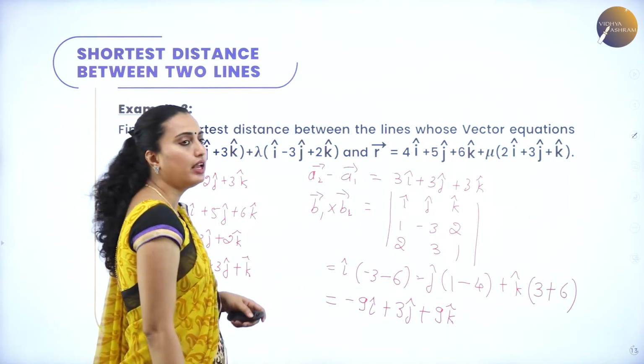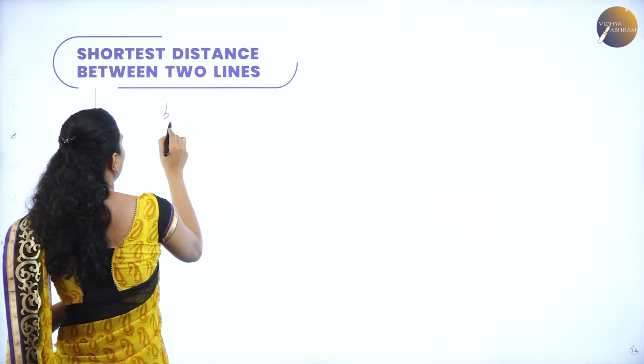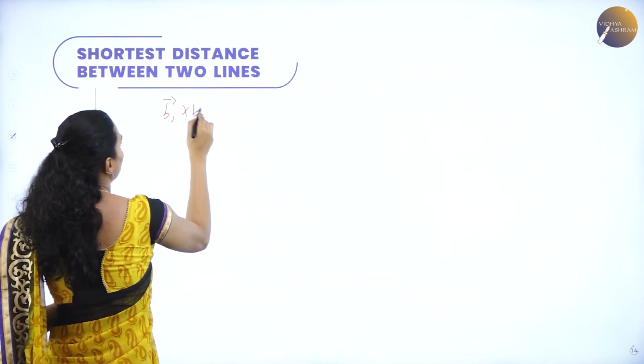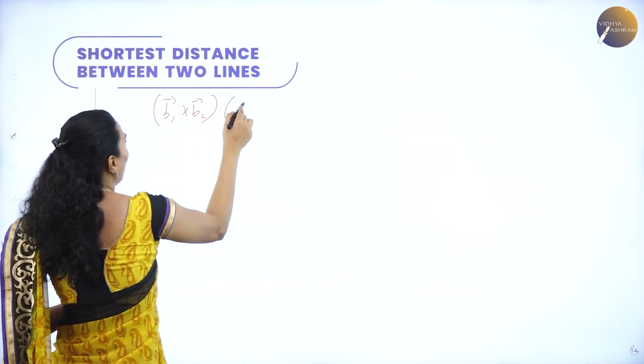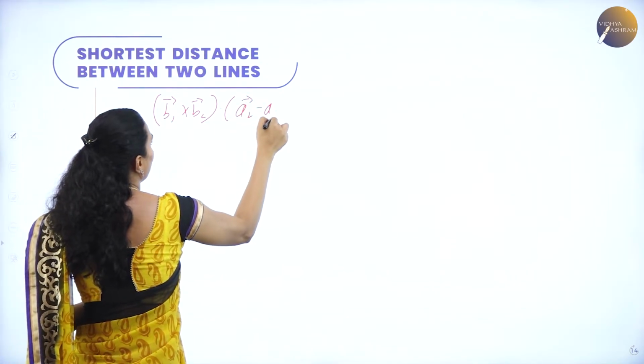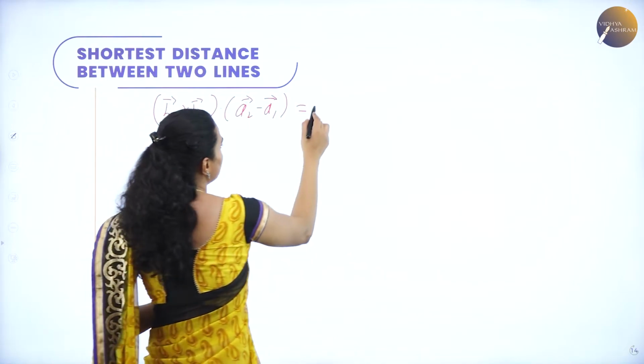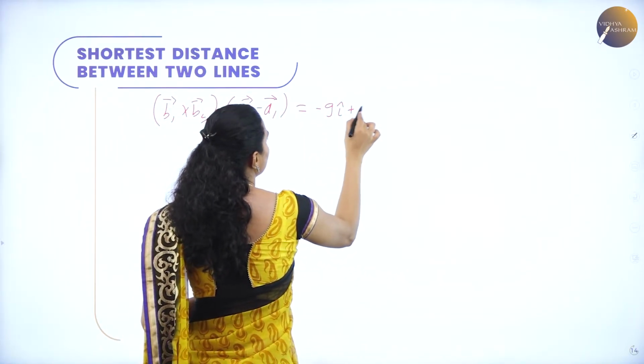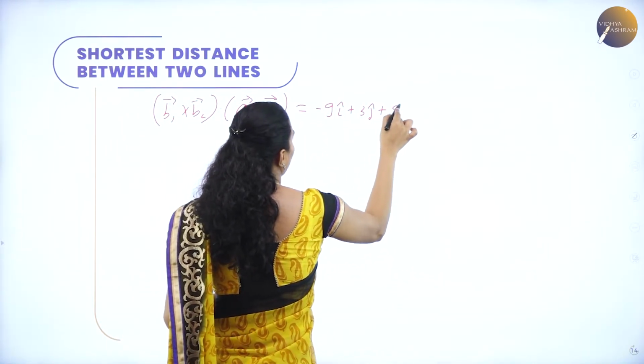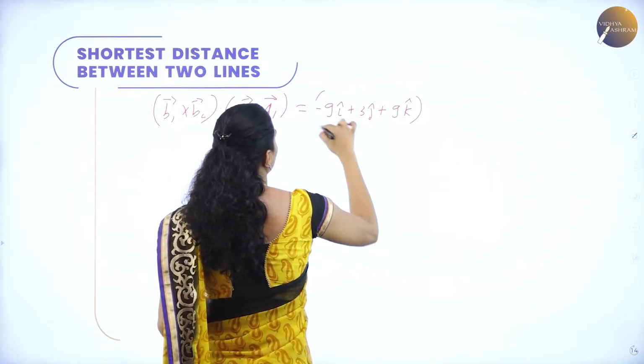Now you have to do B1 cross B2 with the dot product of A2 minus A1. Now B1 cross B2 is minus 9i plus 3j plus 9k, correct?